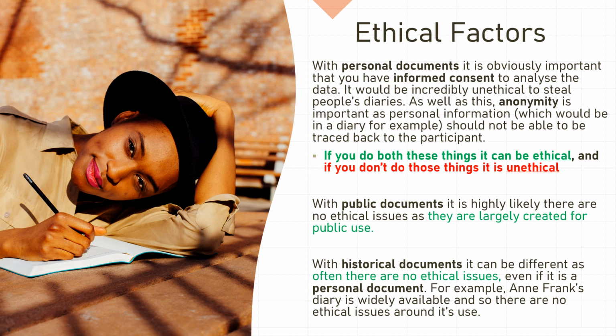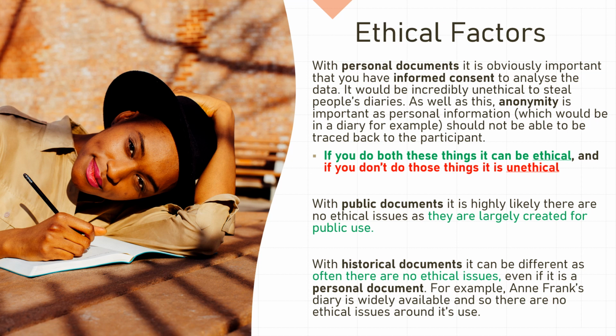Now, if you get permission and keep things anonymous, then it's quite ethical. There's no issues there, as long as you make sure that you've done that. If you don't do those things, if you're stealing people's diaries or haven't got permission, and you're publishing personal, private data, then that obviously is unethical.